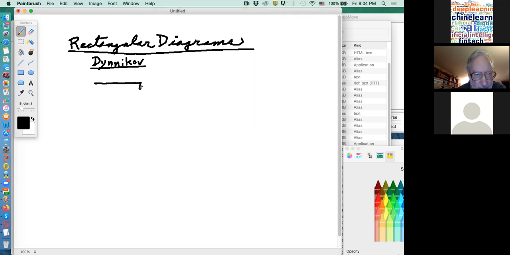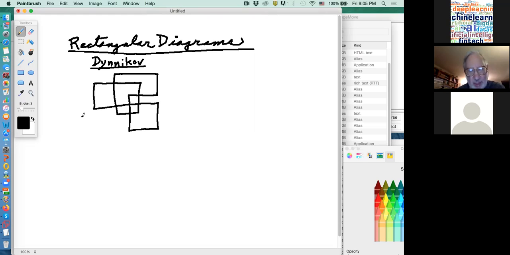So if you drew a knot diagram, I'm not putting over or under crossings here, by drawing either horizontally or vertically like this until you were done and came back to where you started, that would be an arc diagram, sometimes called a rectangular diagram.